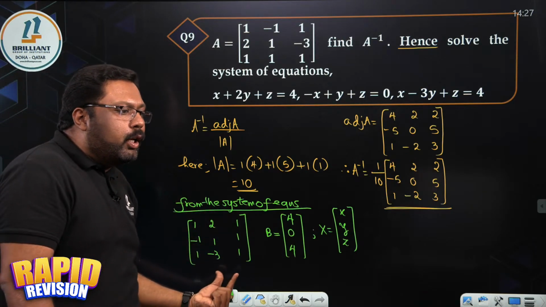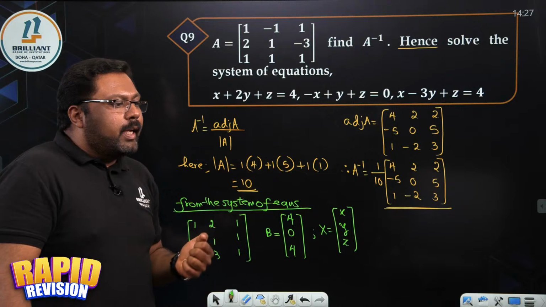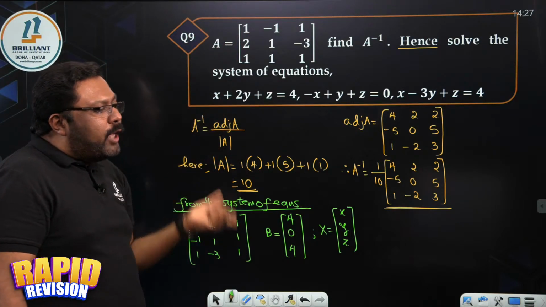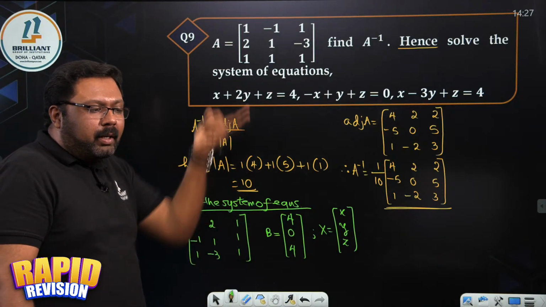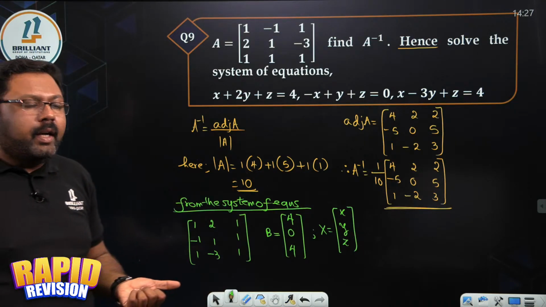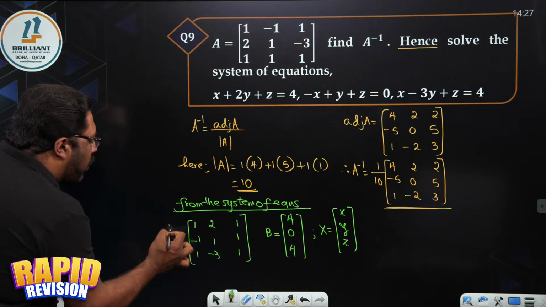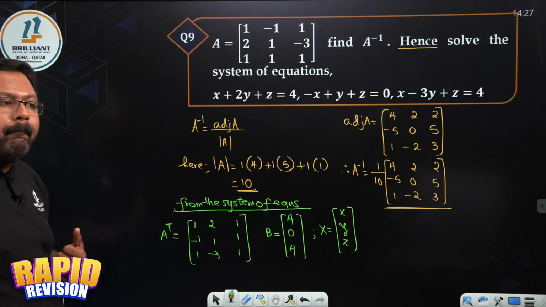Look at A and look at the matrix we got from the system of equations. Very good, Faris. It looks like the transpose of A.